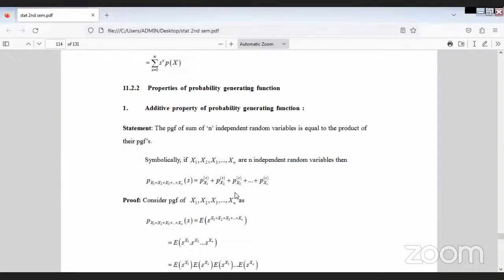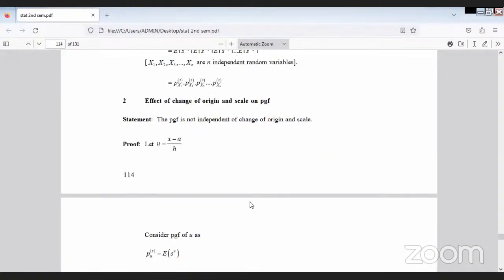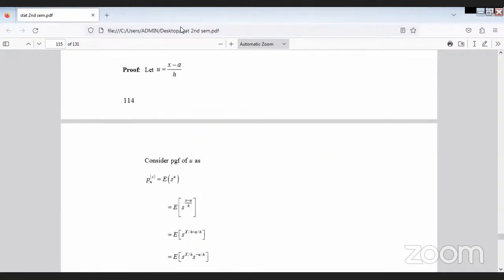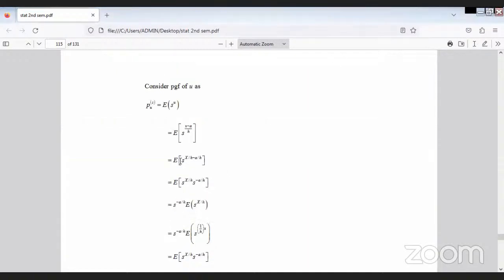P of x1, P of x2, P of x3. That is E of s power U. Here I am taking U as X minus a by h, so E of s power (X minus a by h), that is E of s power (X by h minus a by h). Can we split it or not?